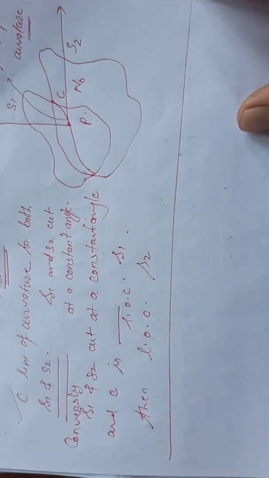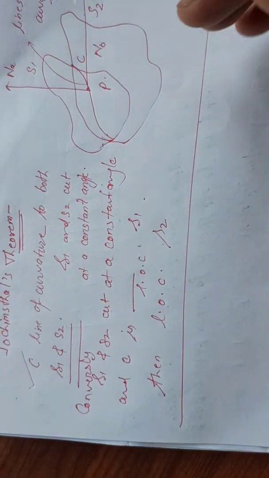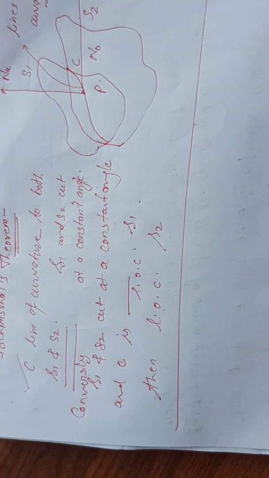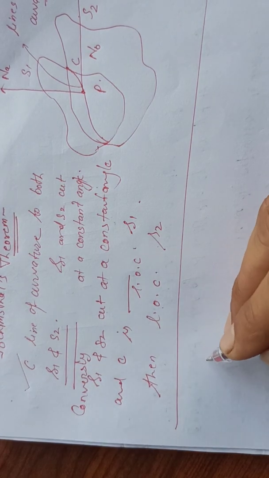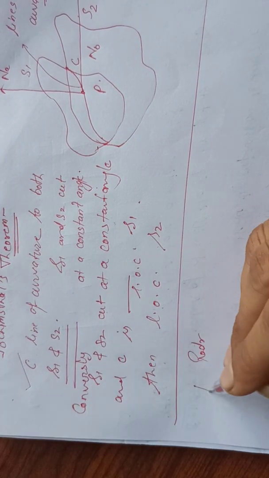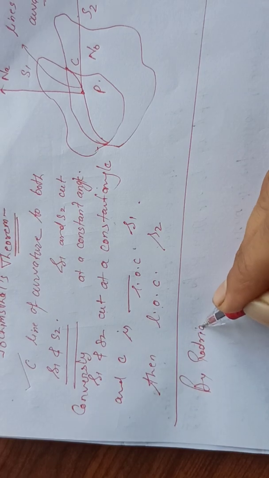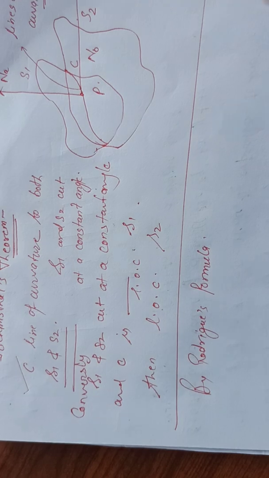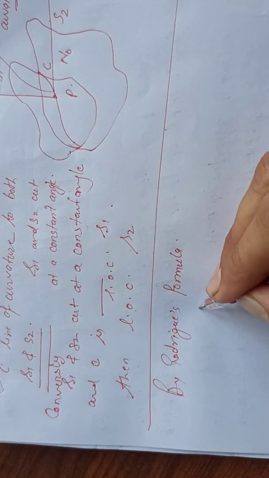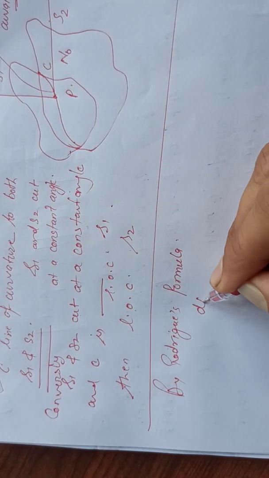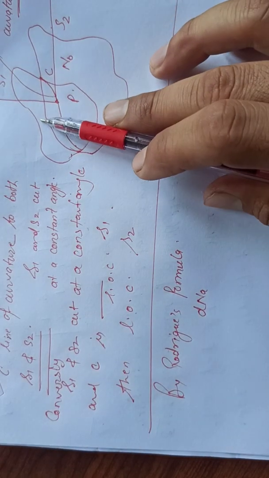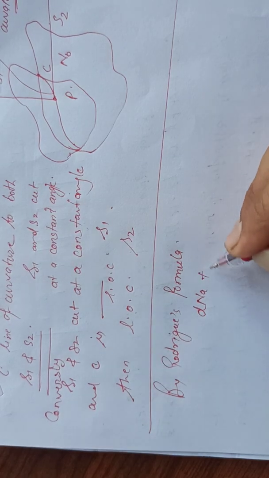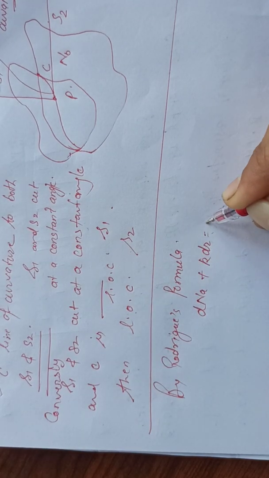Now for the first part, since this curve C is a line of curvature to both S1 and S2, by the Rodrigues formula we have, for dNA of the first surface, since C is a line of curvature, dN plus k dr will be equal to 0.